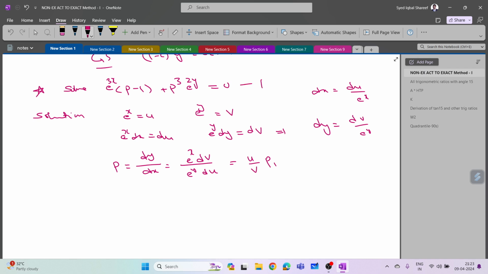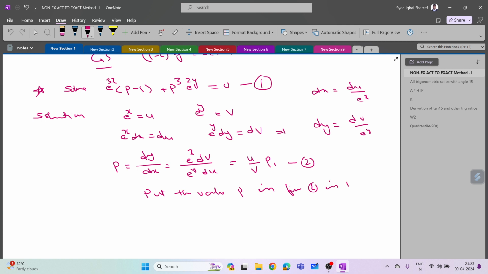Here this is number 1, and this is number 2. Putting the value of p1, put the value of p from 2 in 1.